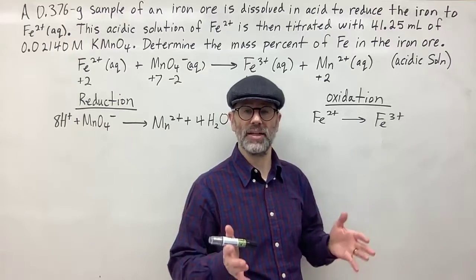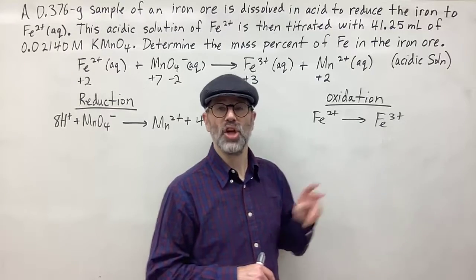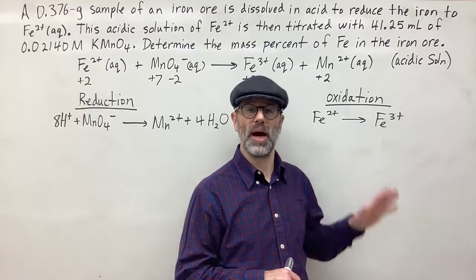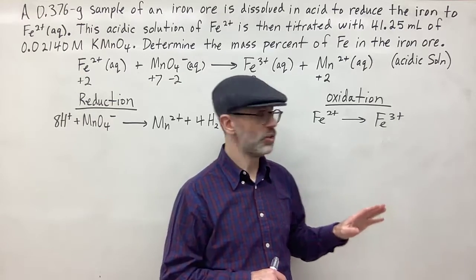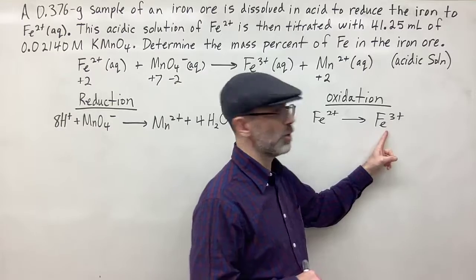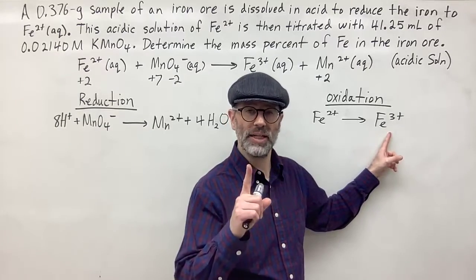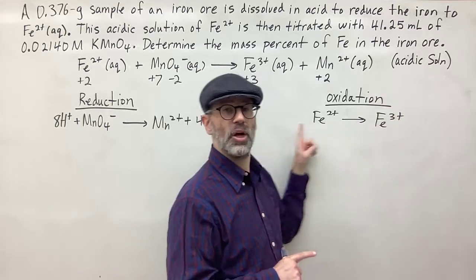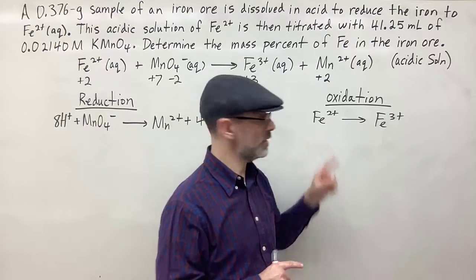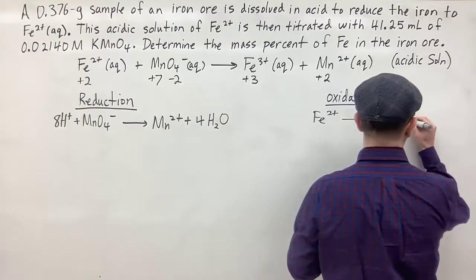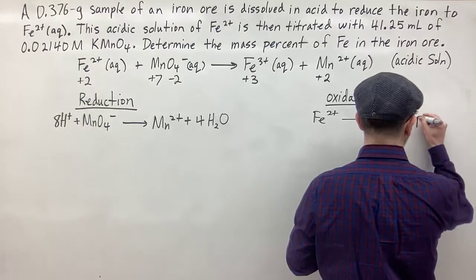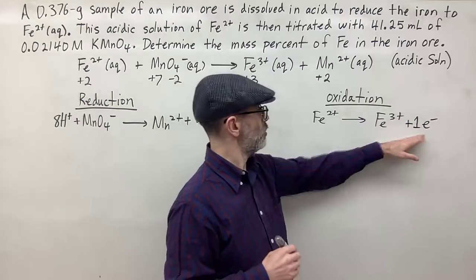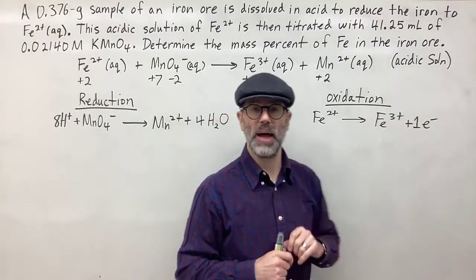That's going to balance the charge. So you're going to add electrons to the side that has more positive charge. So over here I have 3 plus. If I add 1 electron, that's going to reduce this side to a plus 2, which will balance the plus 2 on this side. So let's do that. So I added 1 electron. So now the charge is balanced.